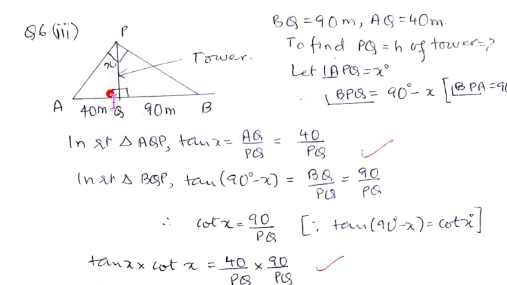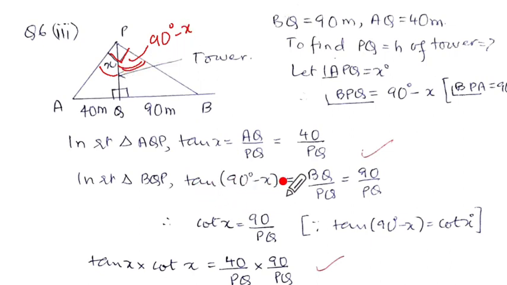Now if you take triangle AQP, then tan X will be equal to 40 upon PQ. Can you see that? And in this triangle, if this is 90 and this part is X, then this angle here becomes 90 degrees minus X, right?